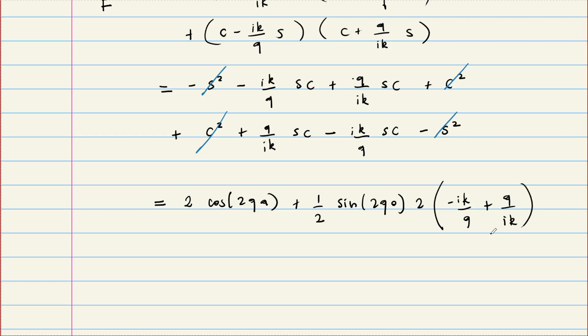Good. And this thing is going to be, okay, i times minus i is 1, so this is k squared plus q squared divided by ikq. Now I'll erase this and write this expression. Let me check. q squared plus k squared. Yes, I think that's correct. So let me erase this. So cancel this, cancel that.